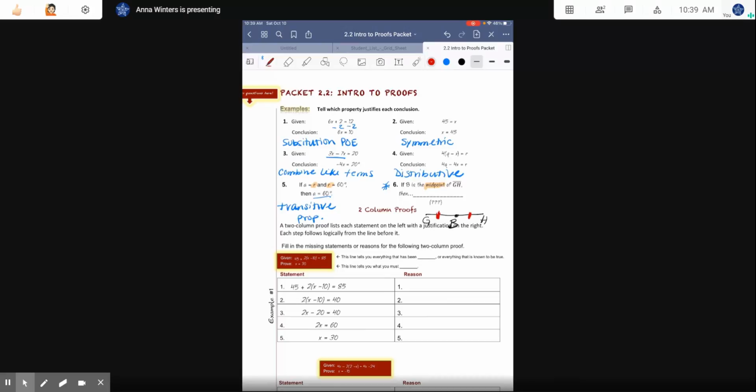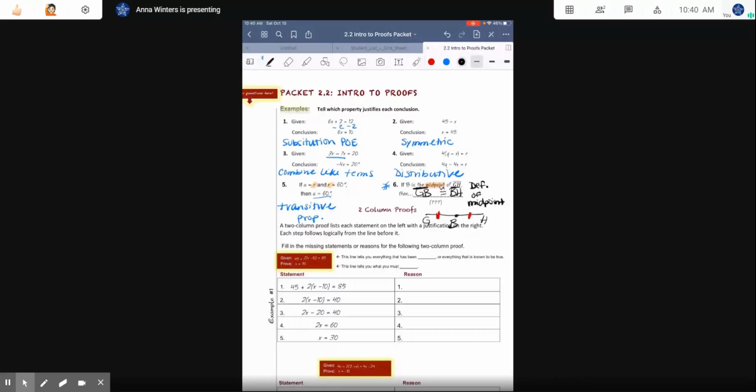I could say GB is congruent to BH. I was able to do that because of the word midpoint. So my reason here is definition, and I'm abbreviating definition, of midpoint. All right, so that word midpoint was very crucial for me to be able to solve number 6.